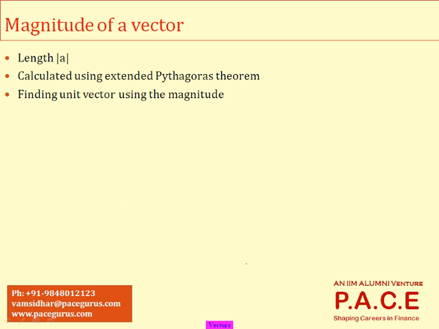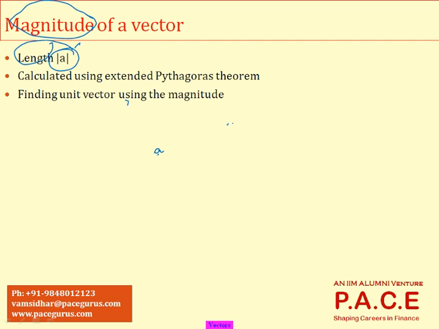Then every vector has what we call a magnitude. Another important point you need to be comfortable with is the magnitude of a vector, which is nothing but the length of the vector, represented by mod A or sometimes just by a simple A. A means modulus of A, which is the length.